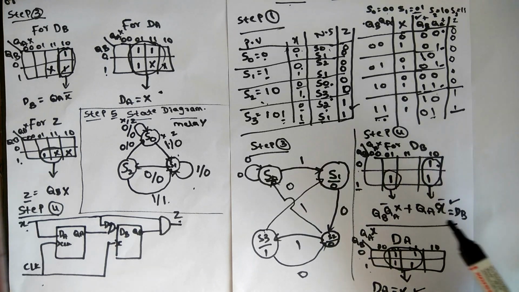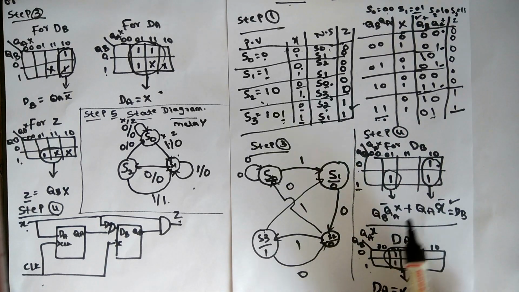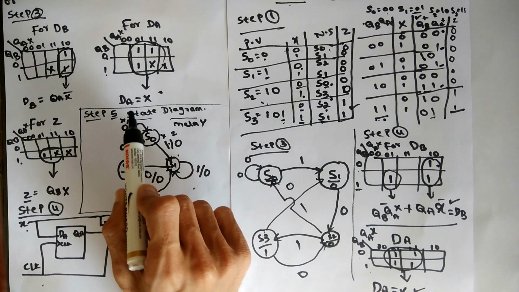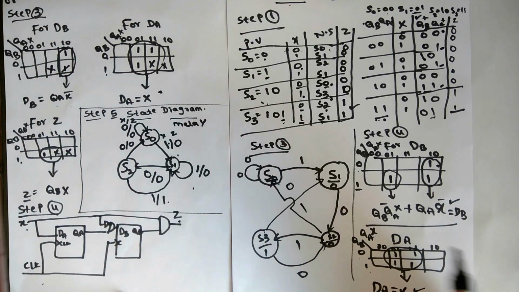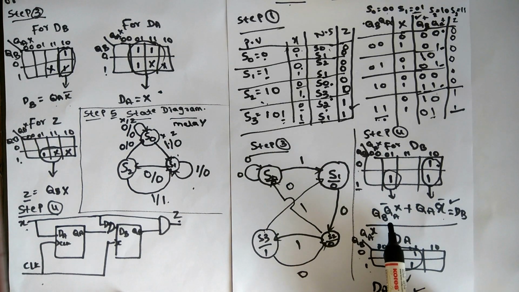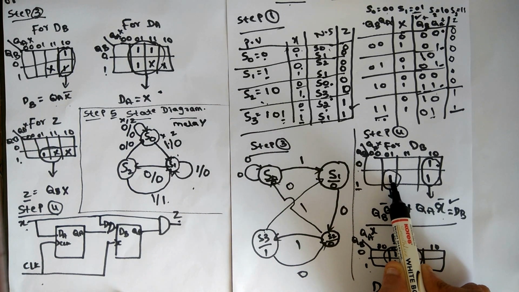When you do the K-map for dB, you will get the equation as in the previous Mealy. Whatever QA and X bar we had, we got the same here, and the extra thing we got is a 1 in this position.